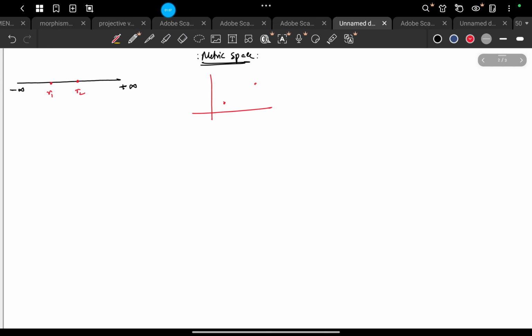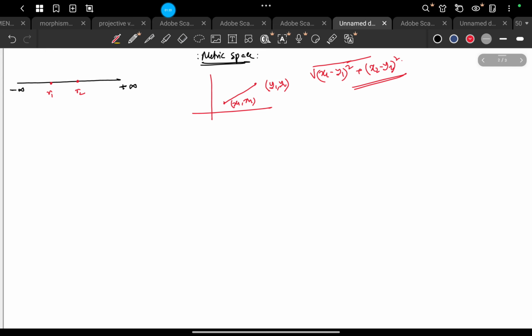So if we have, let's say, (x1, x2) and (y1, y2), this particular distance is nothing but the square root of (x1 minus y1) square plus (x2 minus y2) square. There is a distance.